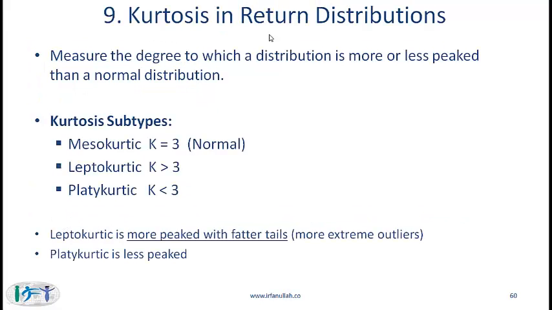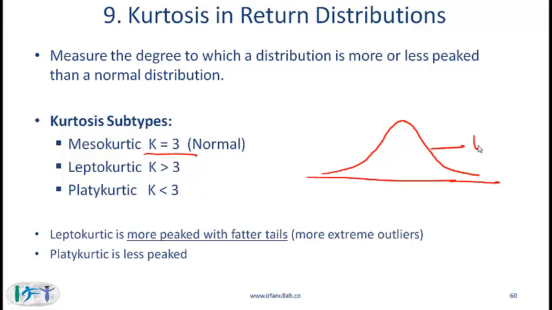Moving now to kurtosis. Kurtosis is the degree to which a distribution is more or less peaked than a normal distribution. Now just take this as a given that a normal distribution has a kurtosis of 3. Kurtosis is a measure of how peaked a given distribution is. So this is a normal distribution with kurtosis equal to 3.